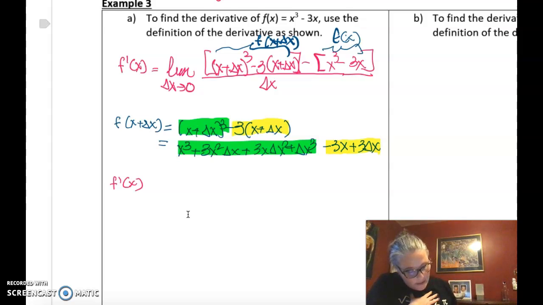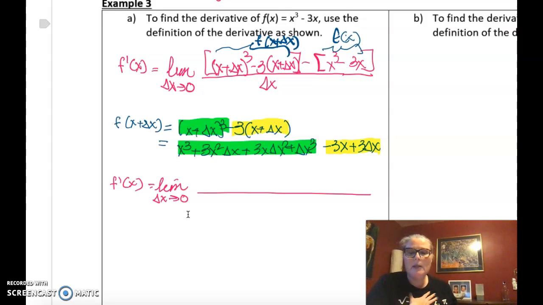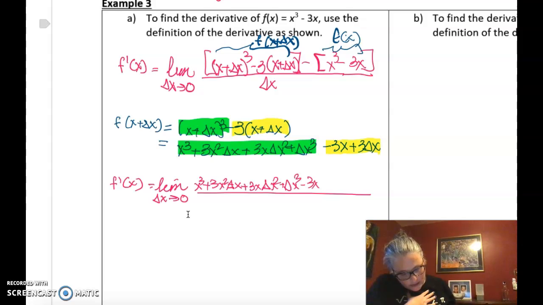So we're going to write f prime of x again, the limit as delta x approaches 0. And then this entire expansion needs to be there. So I'm going to have to write a little bit small. And then here plus 3x squared delta x plus 3x delta x squared plus delta x cubed minus 3x plus 3, no, that's not an x on there, that's a delta x.